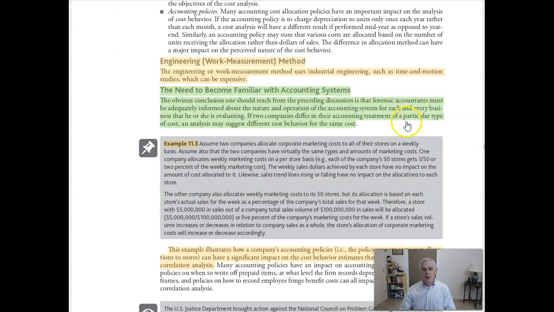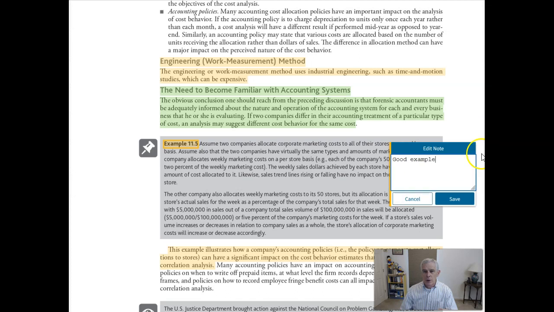And another way to estimate cost is to have engineers do time and motion studies. And to make sure that you have good data to work with in these court cases, you need to be familiar with the accounting system you're trying to evaluate. So I have a little note here. It says this is a good example.